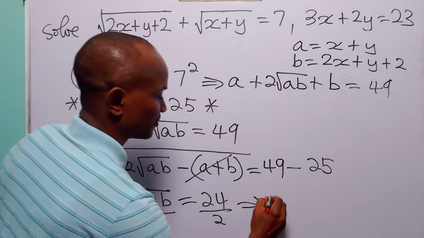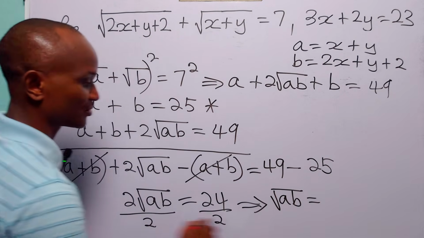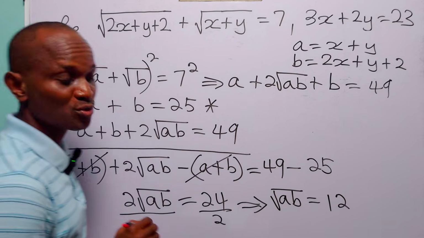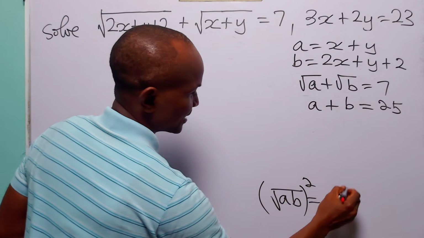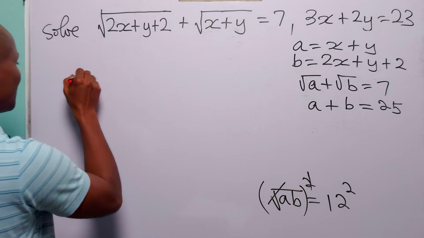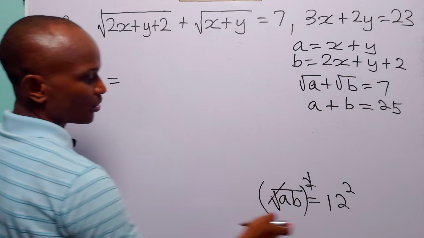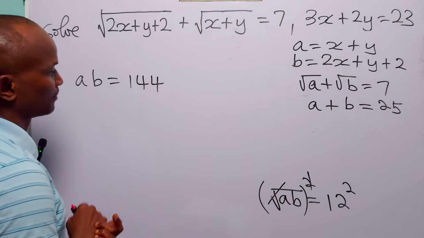we have that the square root of ab is equal to 12. And of course, when we square both sides of this equation, we have that ab is equal to 12 squared, which is 144.